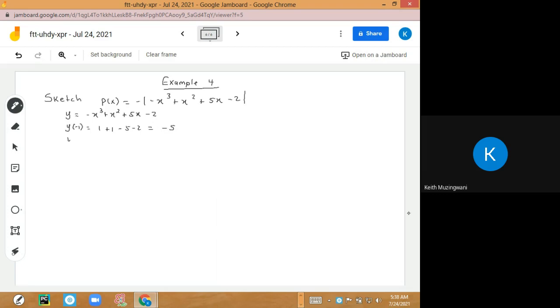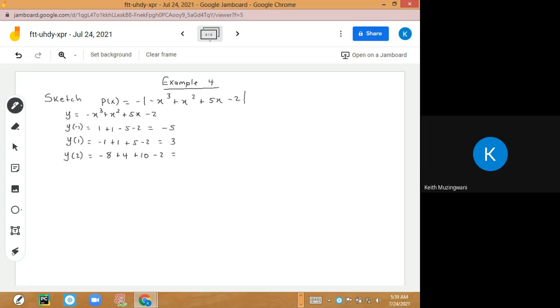Okay, let's see. At 1, when x is 1, we'll have negative 1 plus 1 plus 5 minus 2. This is negative 3 plus 6, which is positive 3. Let's do at 2. We'll get negative 8 plus 4 plus 10 minus 2.